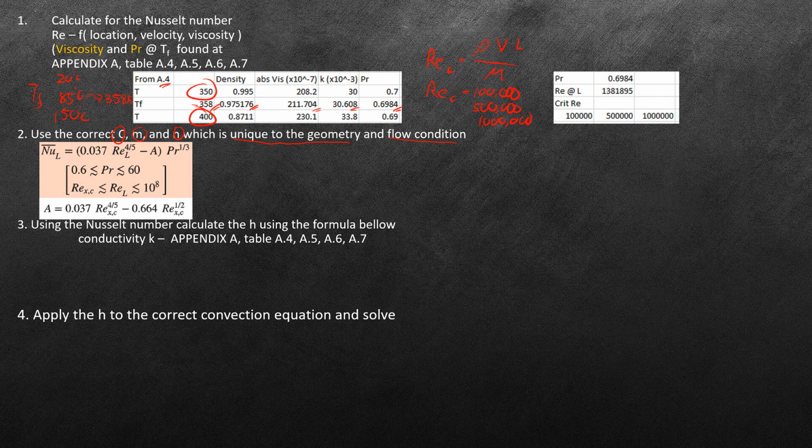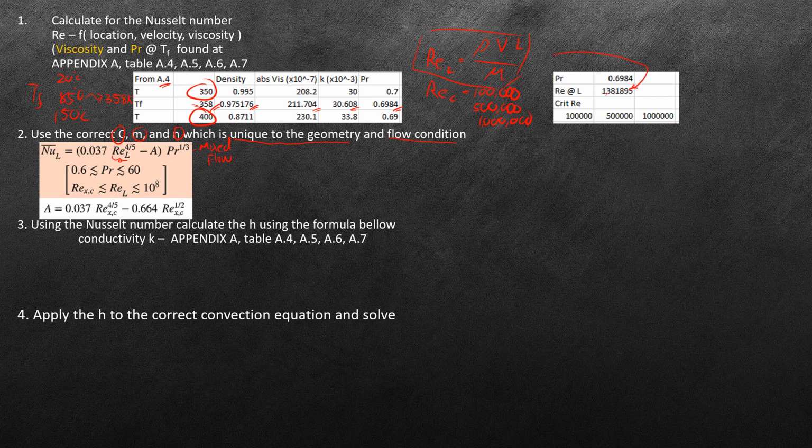Therefore, we will need to use a Nusselt equation that is for the mixed flow of laminar and turbulent. So this corresponds to the use of a certain Reynolds number Re sub L, or the Reynolds number at the end of the plate, which has already been computed here.